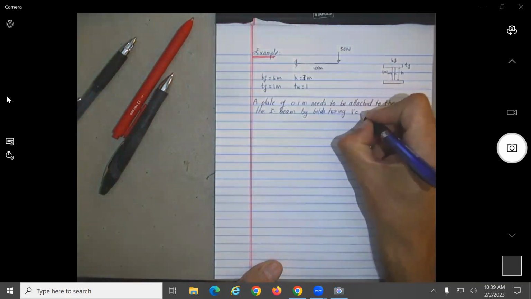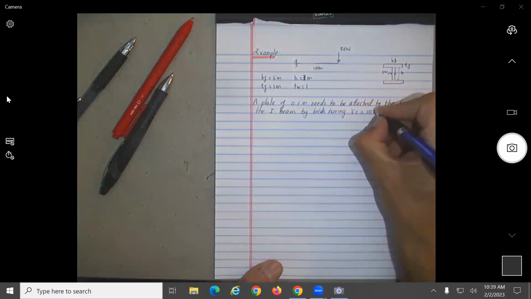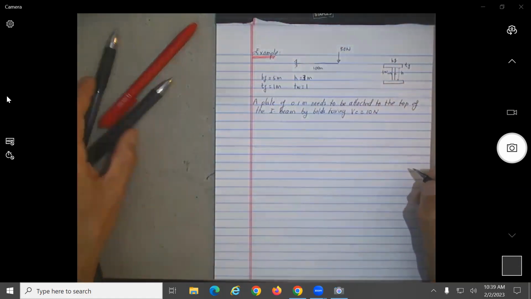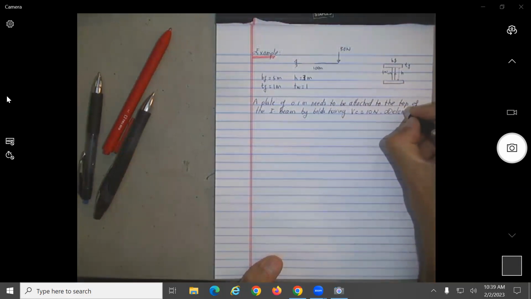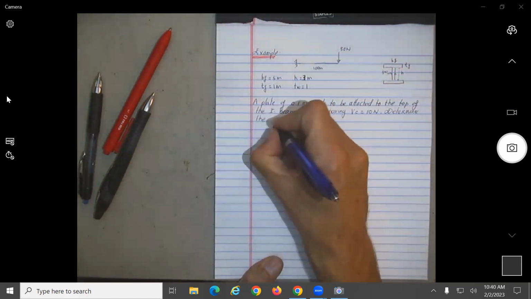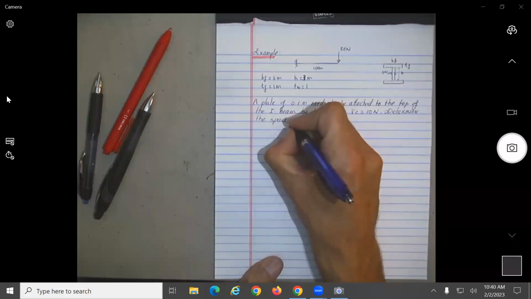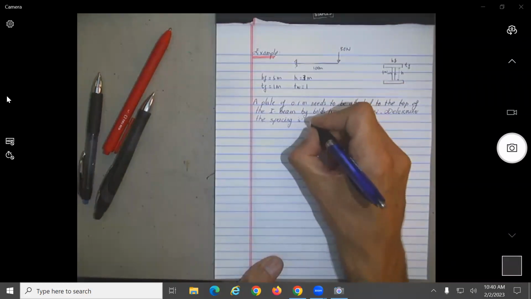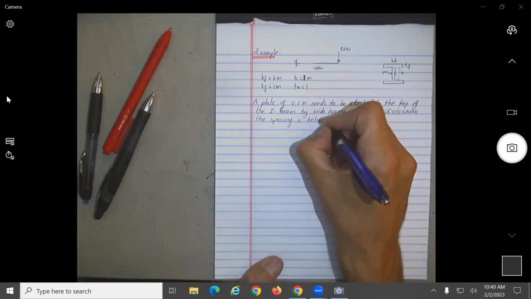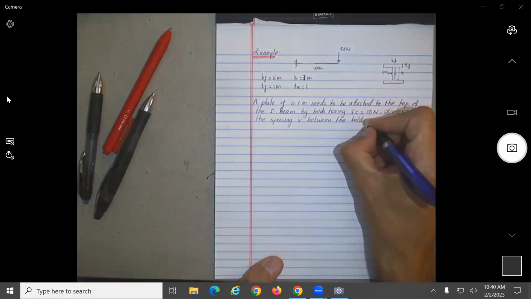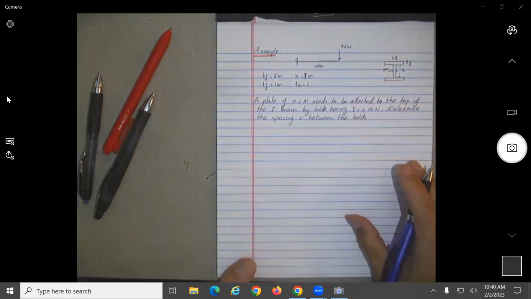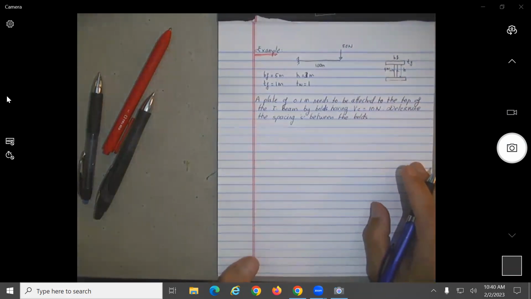I-beam, let's say VC, whatever, 10 newtons. Determine the spacing S between the bolts. Have everything we need? Yeah.